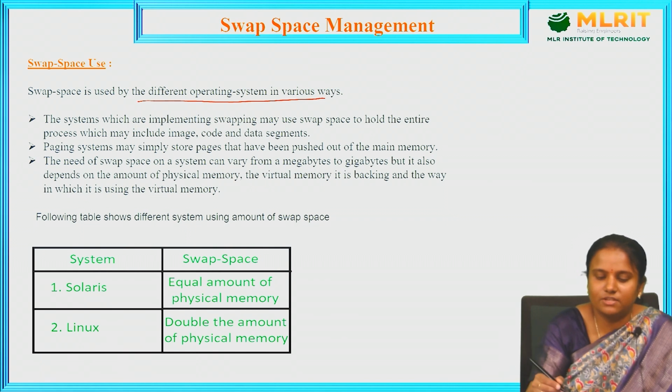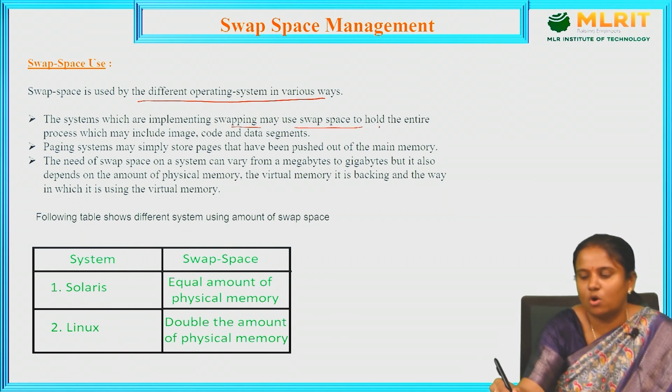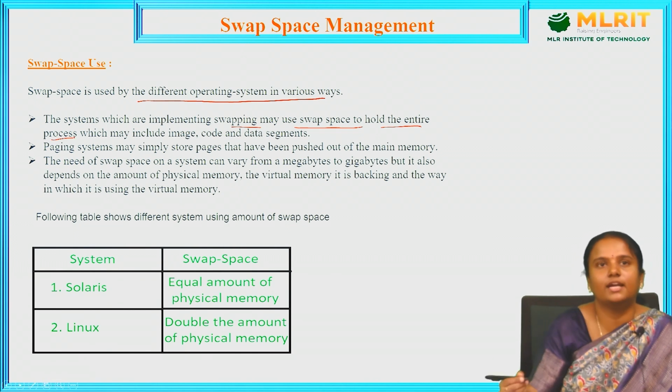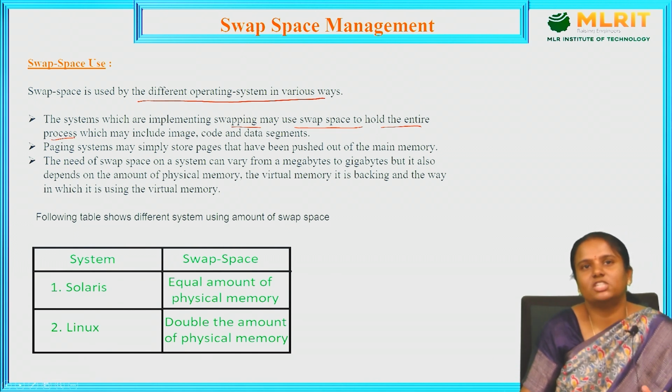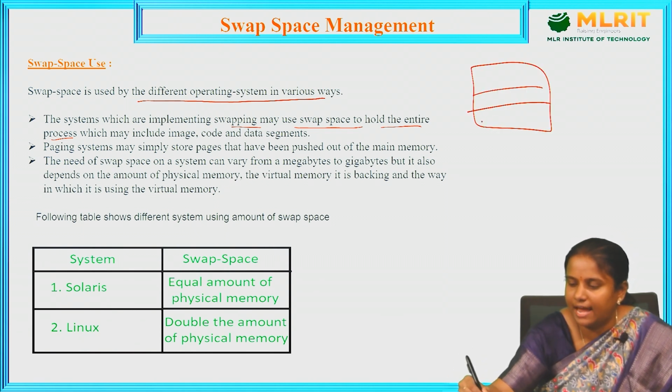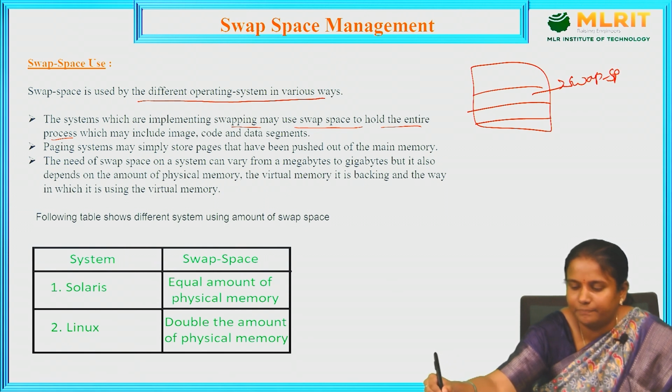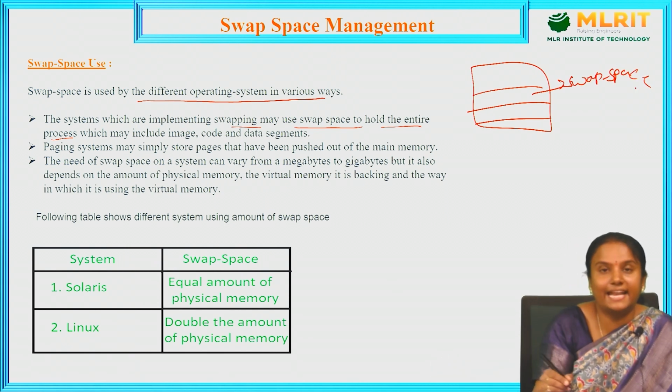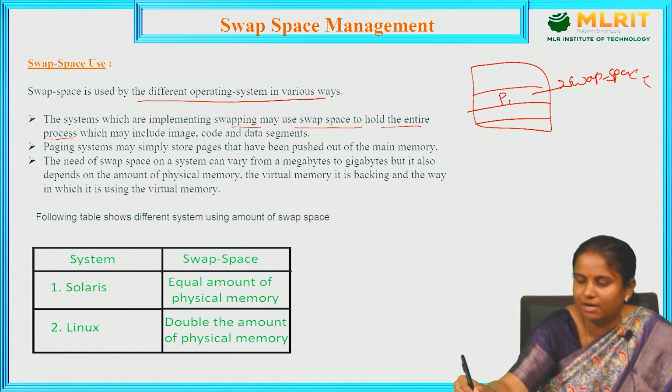The systems which are implementing swapping may use swap space to hold the entire process. So in this process, the entire space is occupied by swap space, which holds the entire process, for example this P1 process.